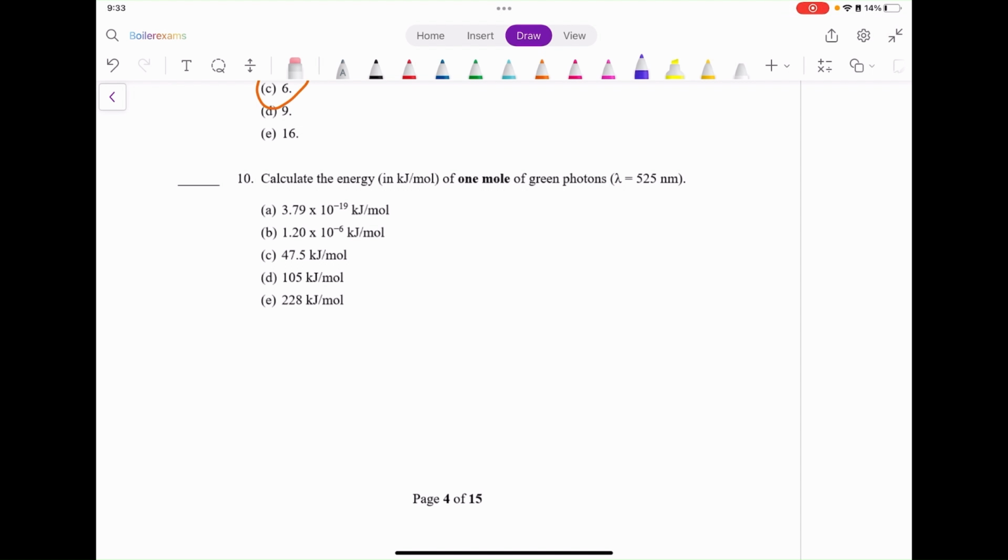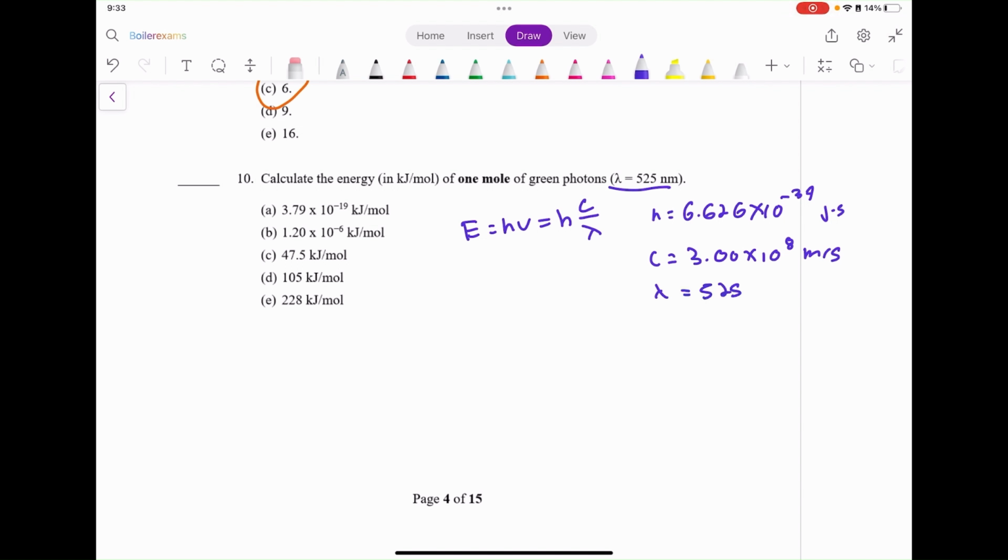Okay, so energy of photons, we know that E equals h nu, and h is Planck's constant, but we don't know nu, the frequency, which we can get from wavelength, so this is equivalent to E equals hc over lambda. h is Planck's constant, which is 6.626 times 10 to the negative 34 joules times seconds. c is the speed of light, which I'm going to round up to 3.0 times 10 to the 8th meters per second. And lambda is 525 nanometers.